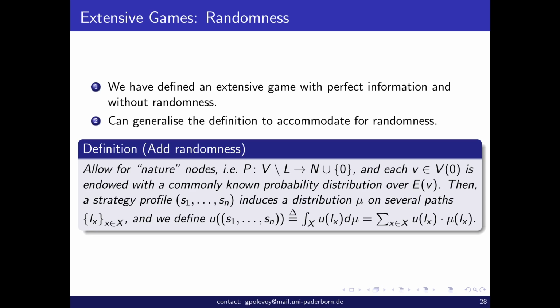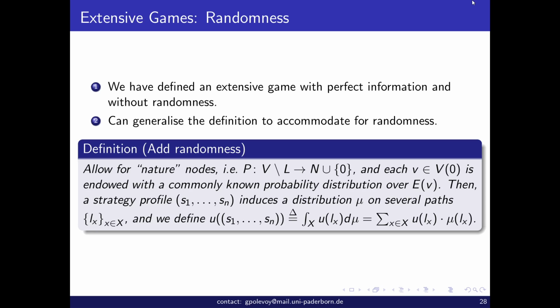However, given this distribution of nature, it introduces a distribution on the paths, and then the utility is given as the expected utility. So for example, there can be one path with probability half and the other path with probability half. So it's half times the utility of that player in one path plus half times the utility of that player if the other path is chosen.